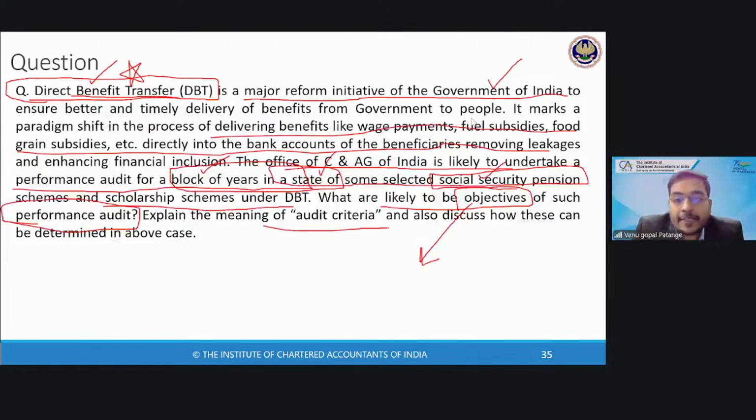And effectiveness is the outcome of the desired plan, whether it has reached the right beneficiary and the right account. Good, good, good. This is how you end up with the answer.